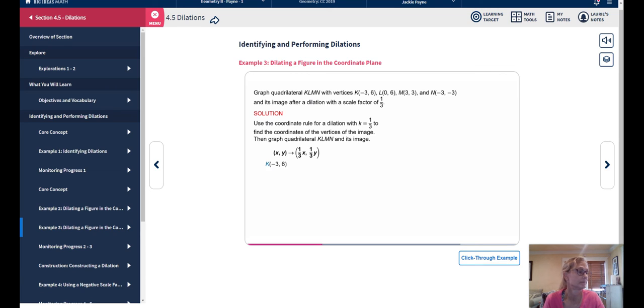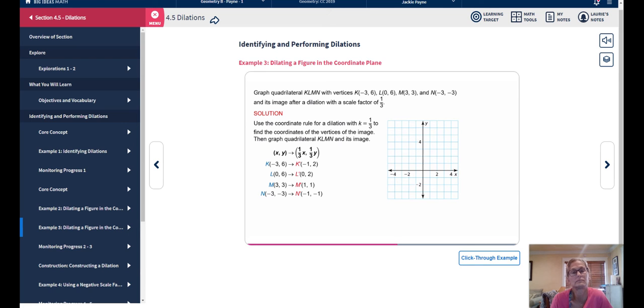So the point K (-3, 6) maps to the point K prime: 1/3 times -3 is -1, 1/3 times 6 is 2, so (-1, 2). The point L (0, 6) maps to the point L prime (0, 2). The point M (3, 3) maps to the point M prime (1, 1). And the point N (-3, -3) maps to the point N prime (-1, -1).